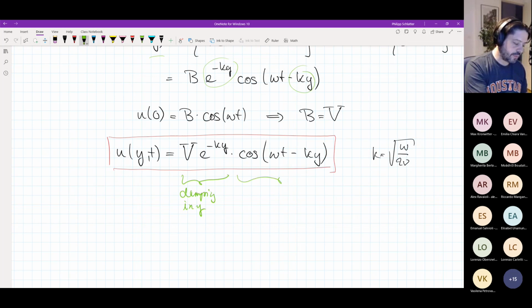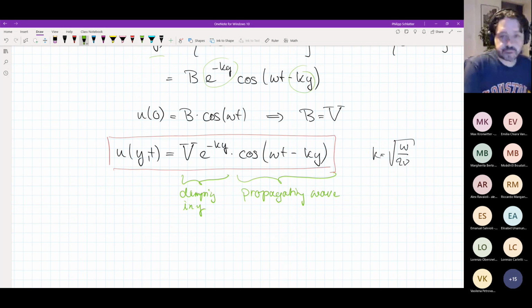Then we have a second part here, this cosine, as a function of omega t minus ky. And of course, this is something that you probably all know, but we will look at it now in more detail. This is a propagating wave in both y and t.